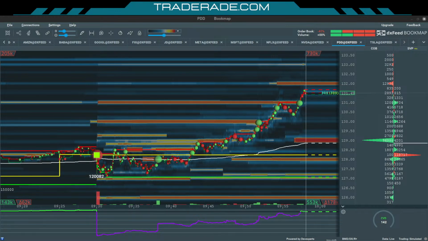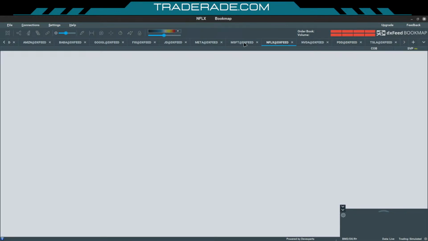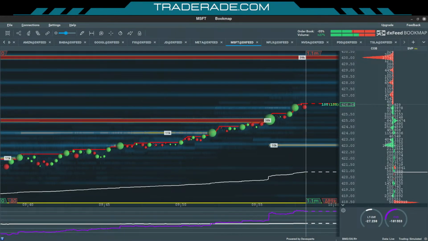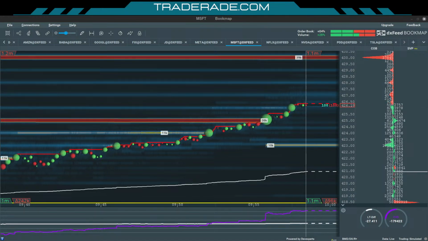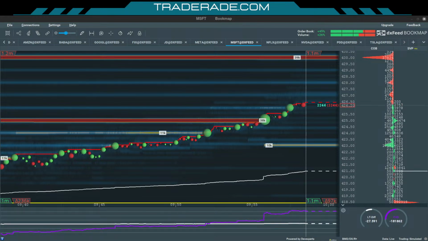Why is Microsoft ripping? I will say I have not necessarily been paying as close attention to Microsoft this morning, but you do see there's that rather large area of offered shares just above at 430. So let me just pull up my news screener here and see if there's any headlines. Seeing some unusual options activity in Microsoft.